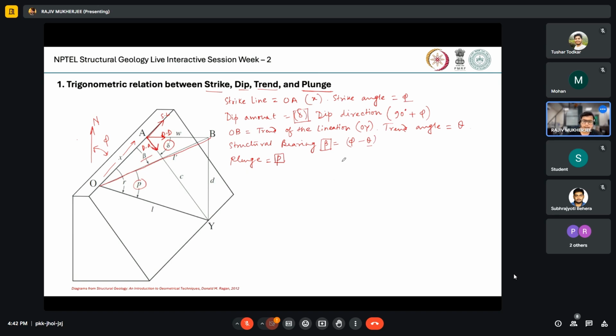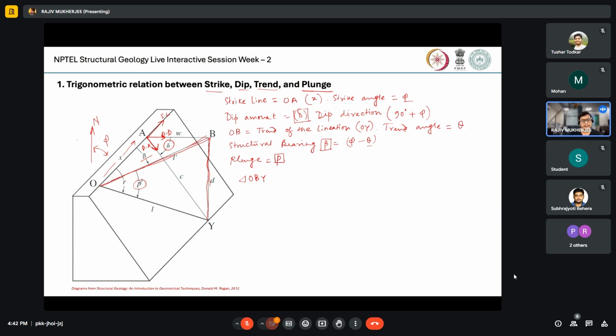So if we closely look at the triangle OBY, this is the opposite or the perpendicular. This line is the base. OB is the base, BY is the perpendicular, and OY is the hypotenuse.